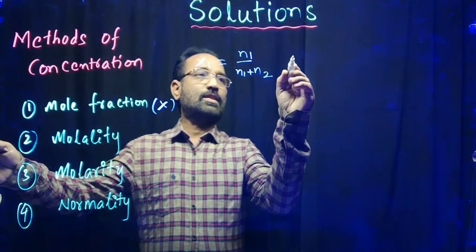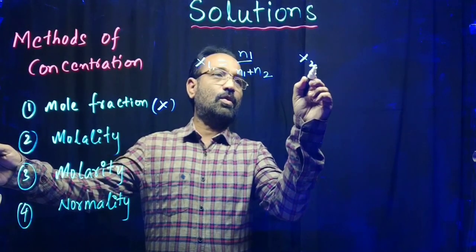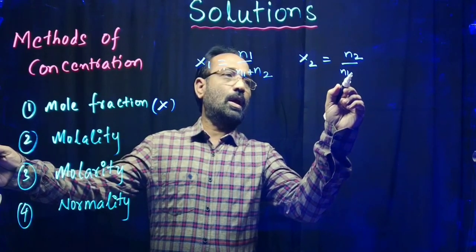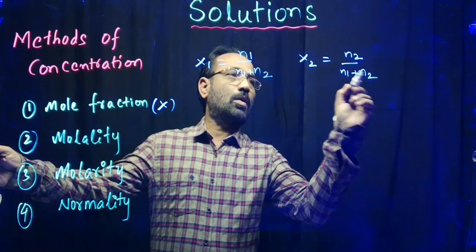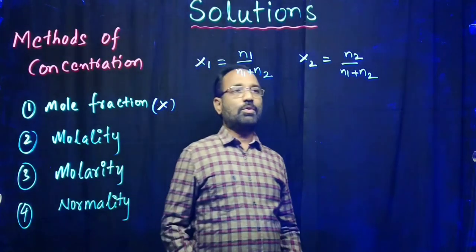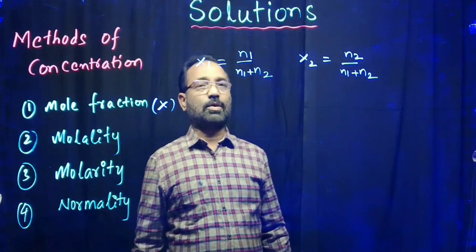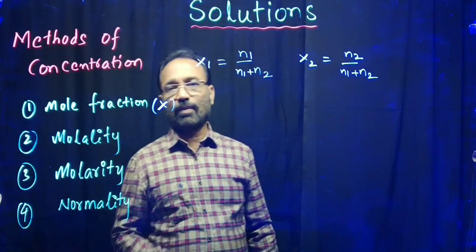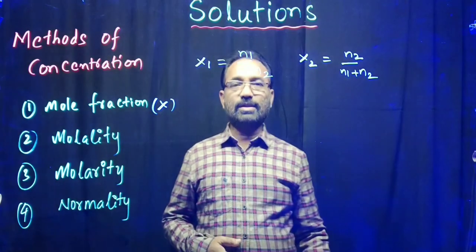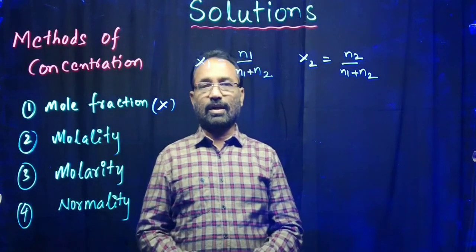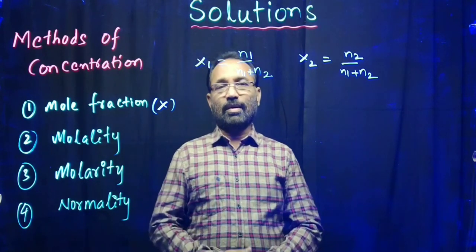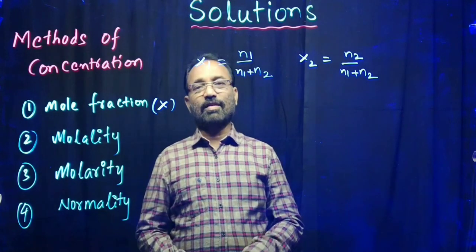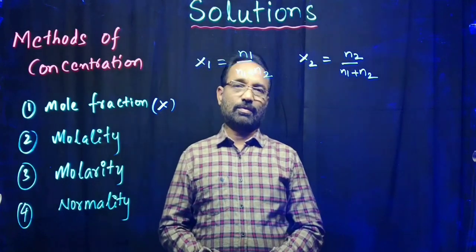Similarly, mole fraction of second component x2 equals N2 by N1 plus N2. Here the total number of moles in the given solution is equal to the sum of the N1 value and N2 value.